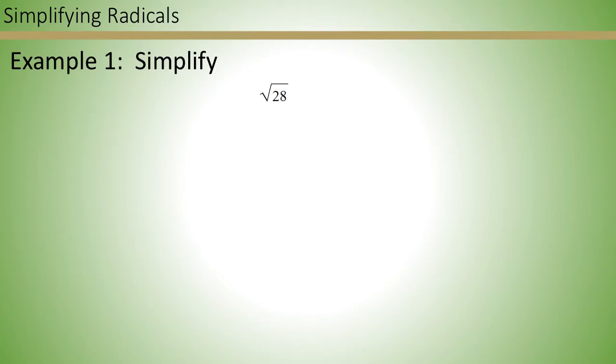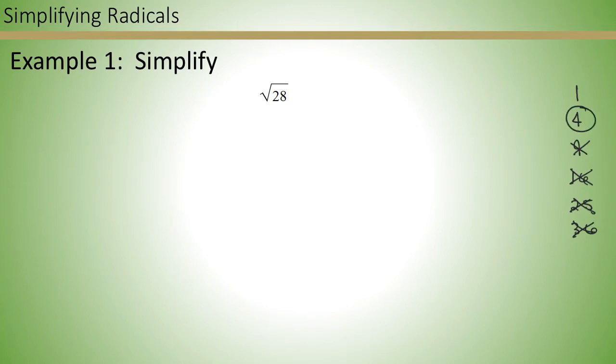First example, we have the square root of 28 and a list of perfect squares: 1, 4, 9, 16, 25, and 36. Obviously if a number is bigger than half of 28, then it's not going to work. So 36 is not going to work, 25 does not divide 28, 16 does not work, 9 does not work, but 4 does.